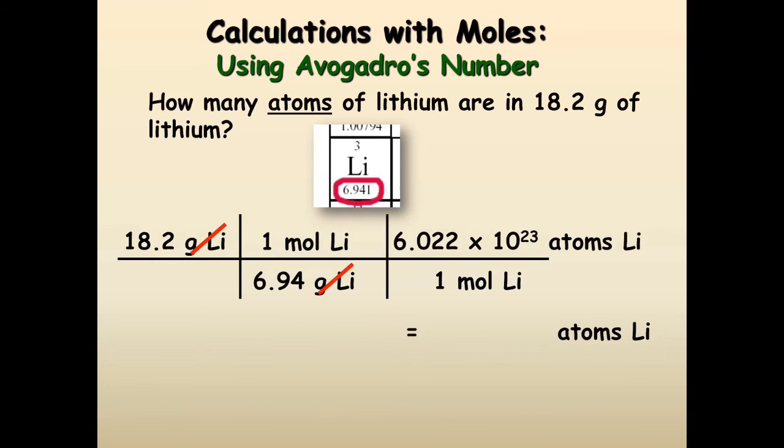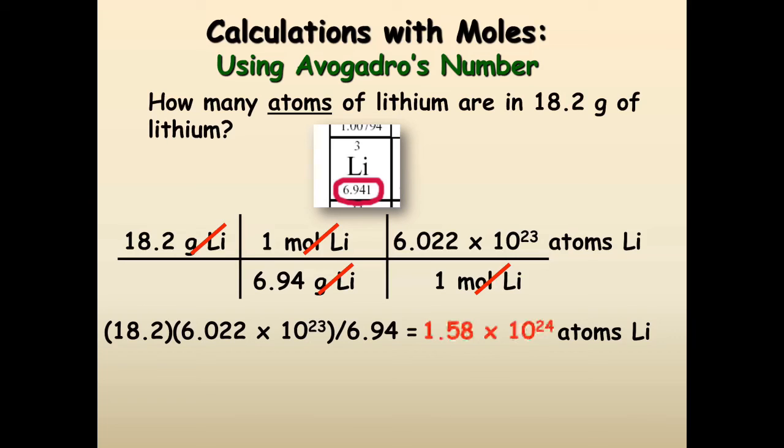So we can cancel out grams, we can cancel out moles, and we're left with atoms. And so when we do the calculation, 18.2 times 6.022 times 10 to the 23rd divided by 6.94, or in our factor label method, we multiply what's on top, we divide by everything that's on bottom, and that's going to give us 1.58 times 10 to the 24th atoms of lithium in 18.2 grams of lithium.